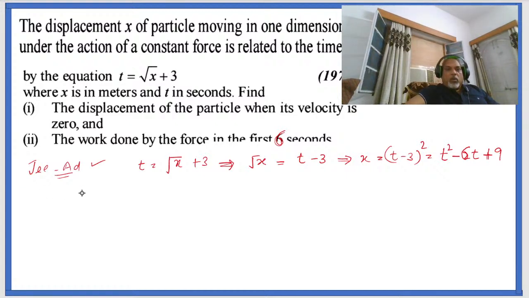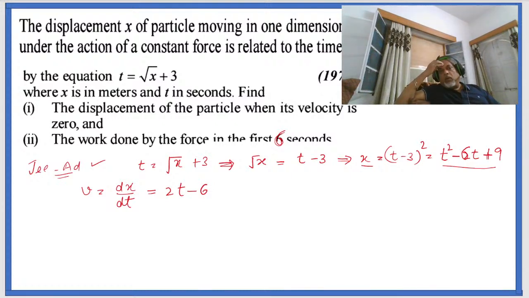Now, what is our v? v is nothing but dx upon dt. And this, if we do dx upon dt here, then it will be 2t minus 6. Correct?